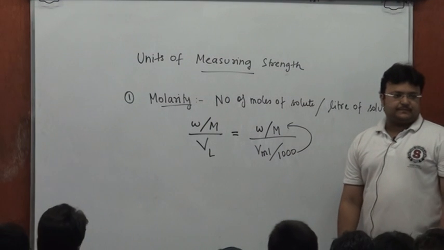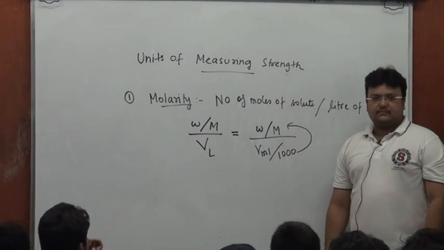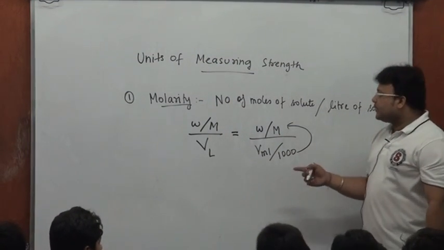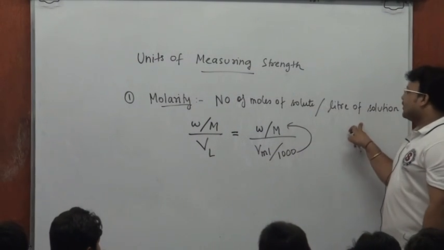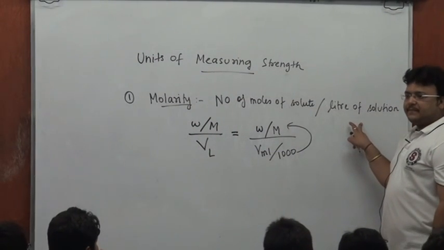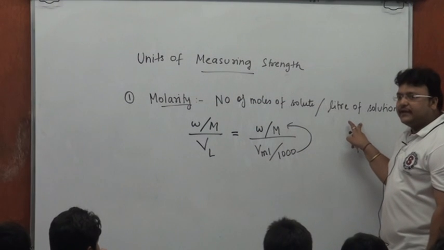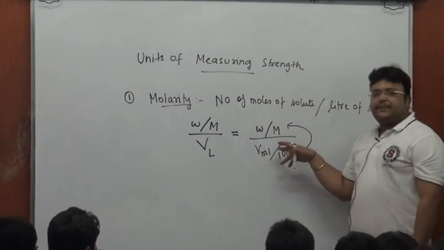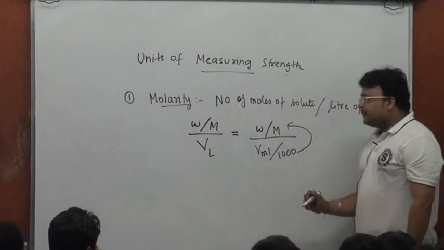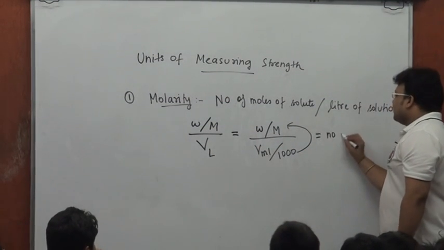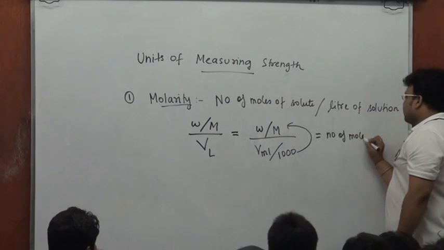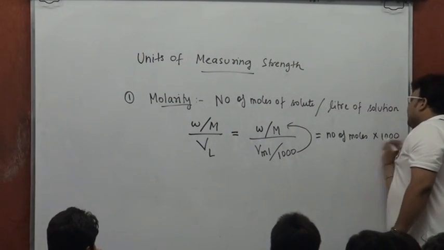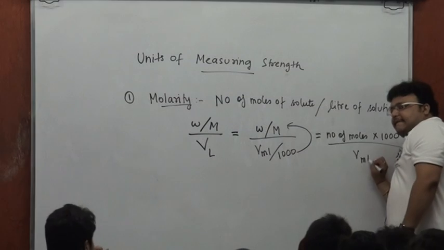Yes or no? So you want to know it as number of moles of solute per liter of the solution, and because almost every time, I repeat, the volume will be given in ml, you will want to apply it as number of moles into 1000 upon volume given in ml.